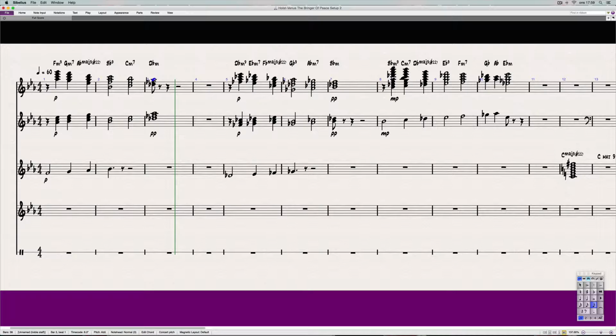Other choices he could have used: seeing it as the root of an A flat major chord, or the root of an A flat minor chord, or the fifth of a D flat minor, like he did, or the fifth of a D flat major, or the fifth of the minor third of F minor. But anyway, he chose D flat minor.